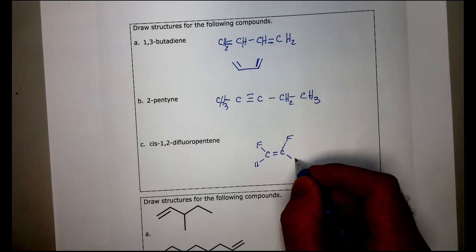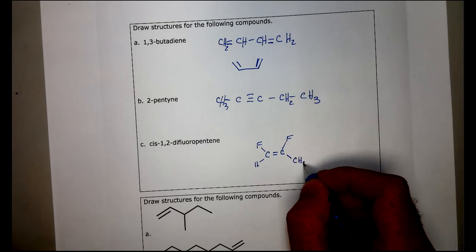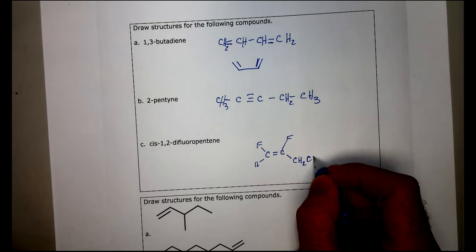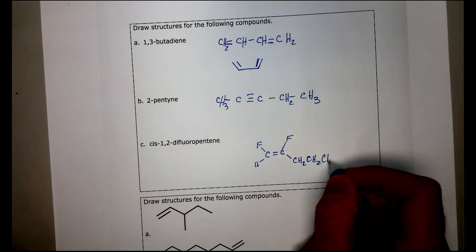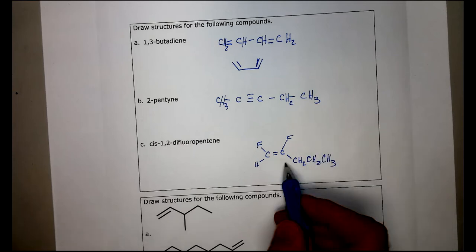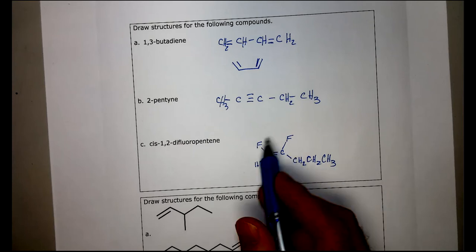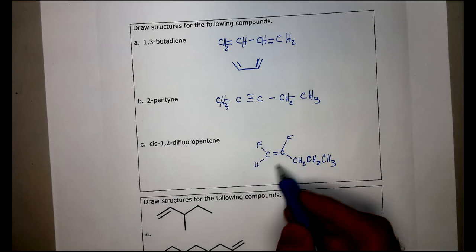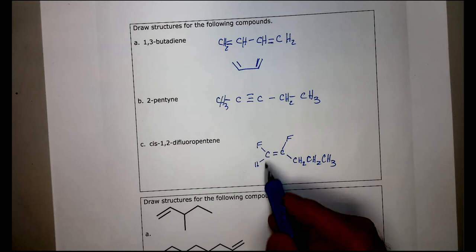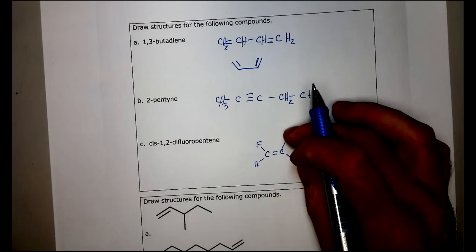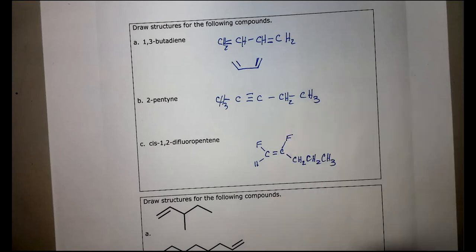But down here you would have 1, 2. So you need CH2, CH2, CH3. Finish out my pentene 1, 2, 3, 4, 5. But this shows the cis-trans type structure. In this case, it's a cis. If it were trans, these two groups would be flipped, for example.